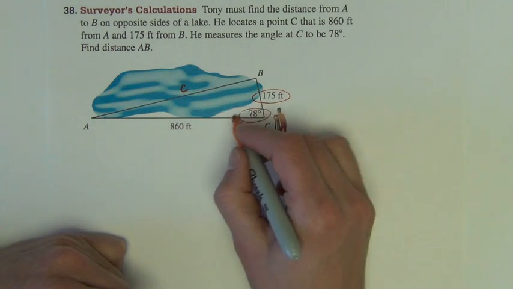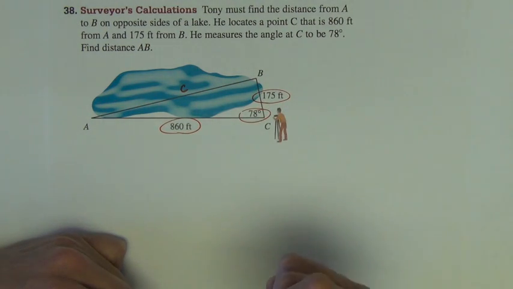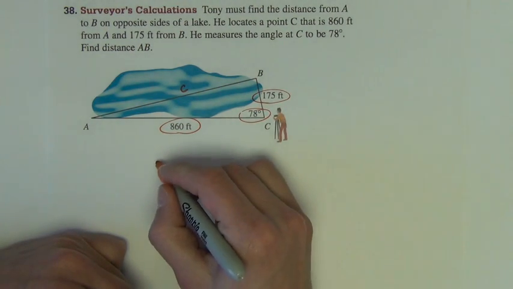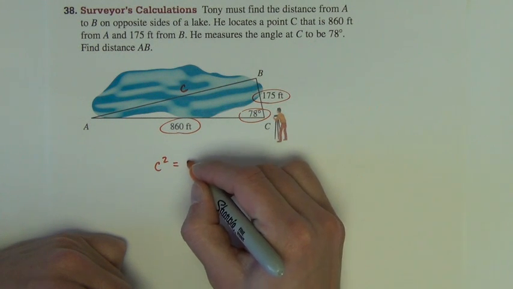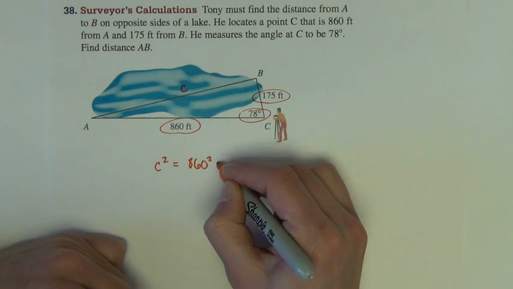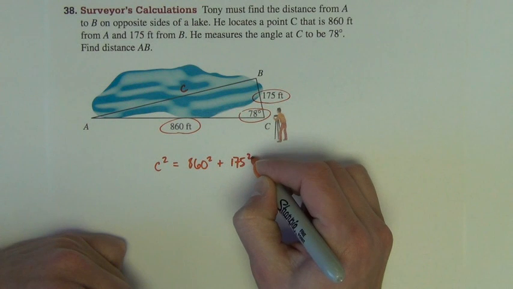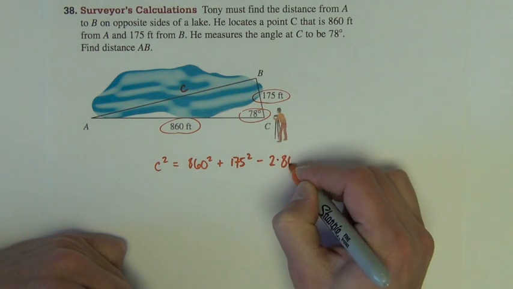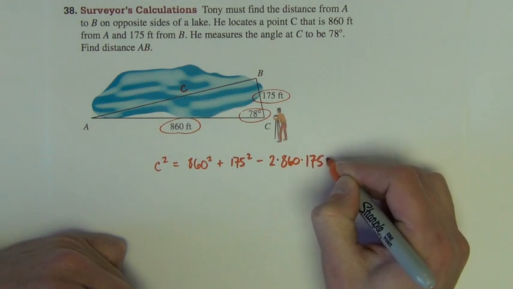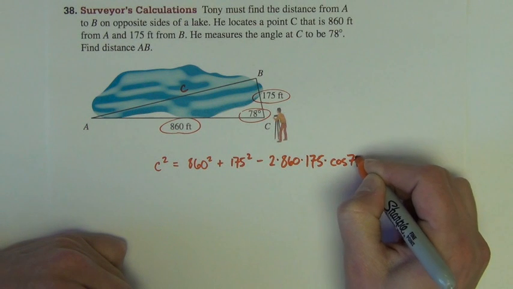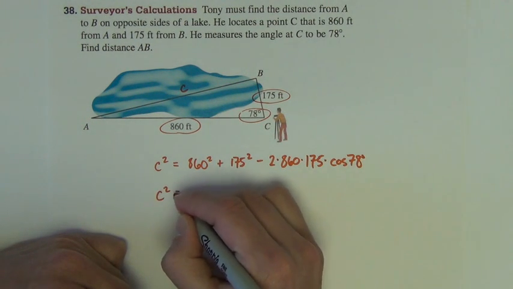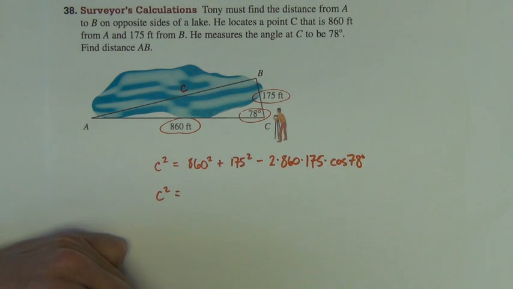Okay, so we've got a side angle side, which is a classic law of cosines case. c squared is going to be, I need the other two sides squared, minus 2 times the sides, times the cosine of the angle. I gather that's going to be a fairly big number.